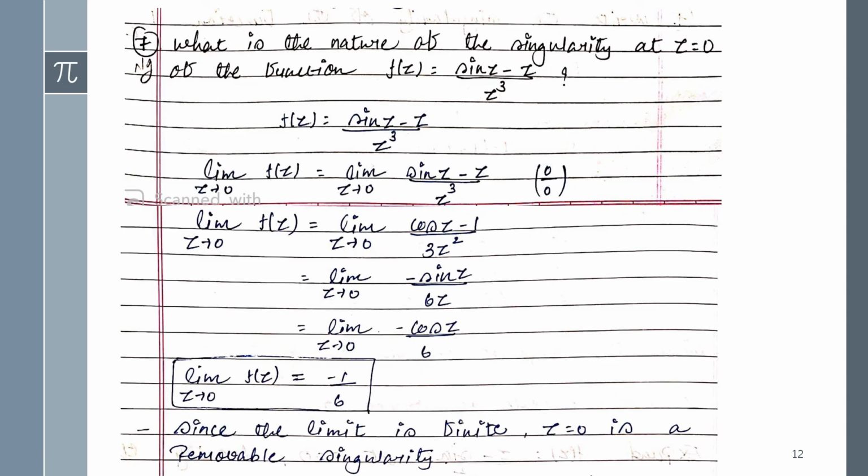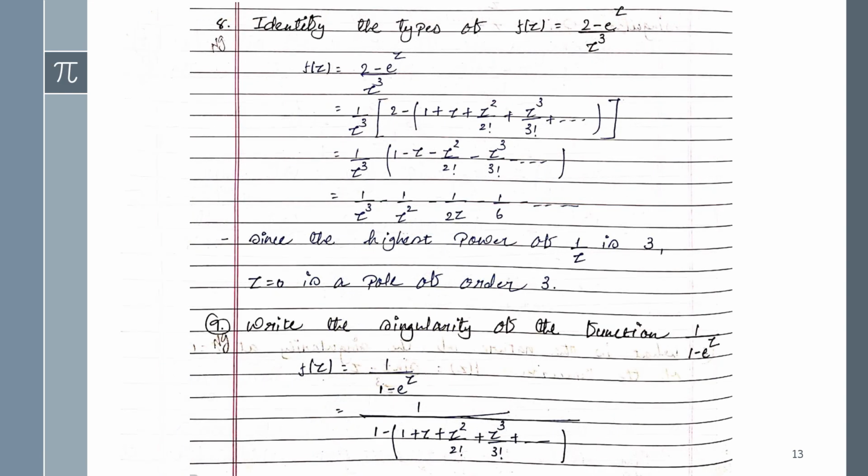Okay, now the next one is given: identify the type of f of z equals 2 minus e raised to z upon z cube. So again, the procedure is similar, guys. Here you have to write the expansion of e to the z, so I have written it here. Then do the simplification, and by multiplying the terms you will get this kind of series.